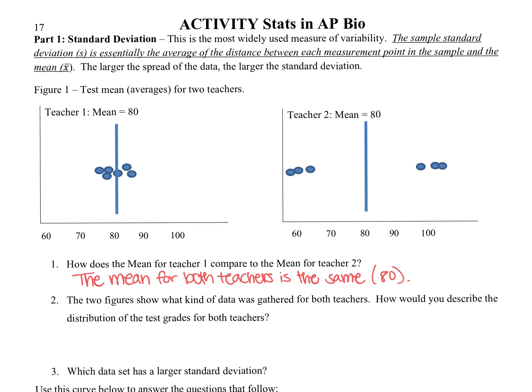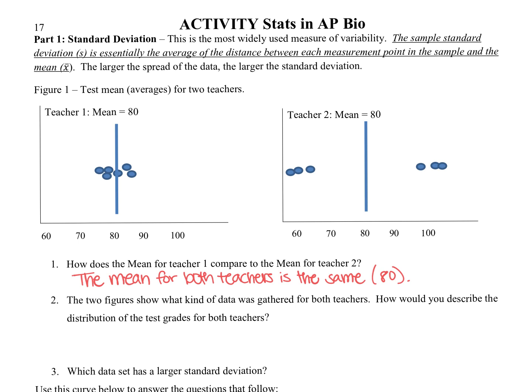The next question asks, the two figures show what kind of data was gathered for both teachers. How would you describe the distribution of test grades for both teachers? In other words, each of these dots represents a test grade for these teachers. And so when you look at the mean, it comes out exactly the same, 80.